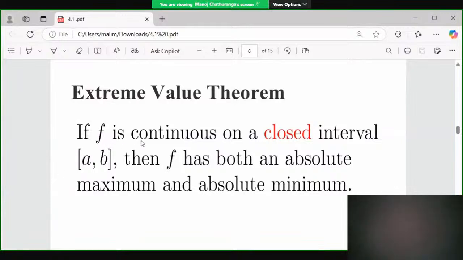If f is a continuous function on a closed interval, then f has both absolute maxima and absolute minima. The extreme value theorem guarantees us the existence of these absolute maxima and absolute minima if the domain is a closed interval like [a, b].